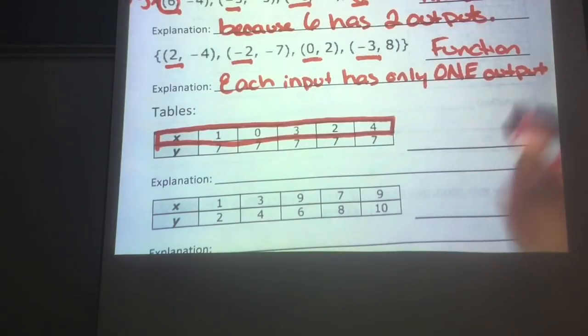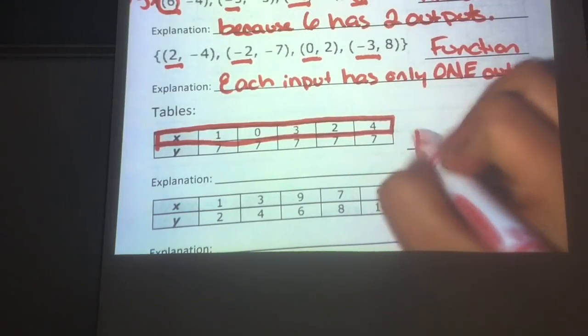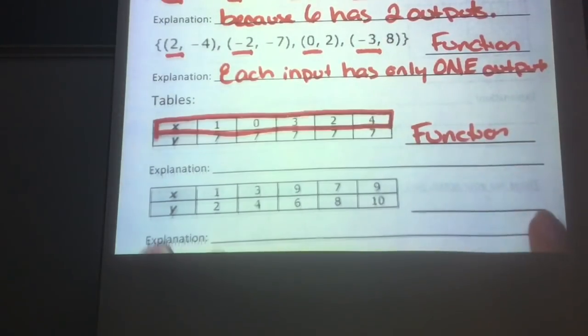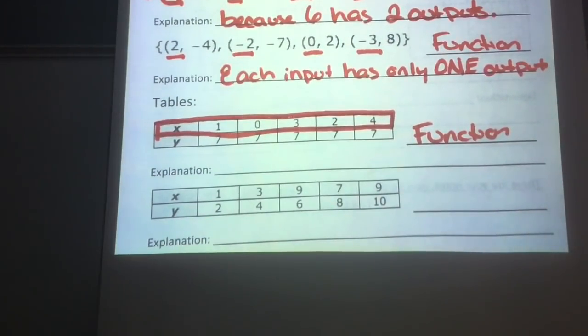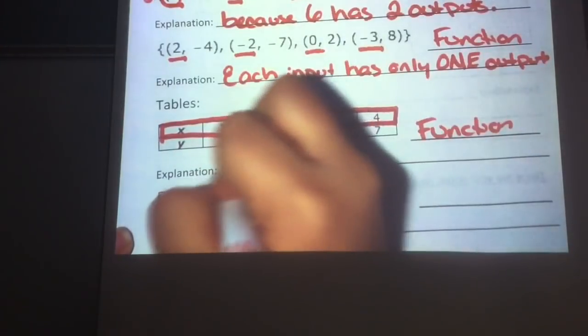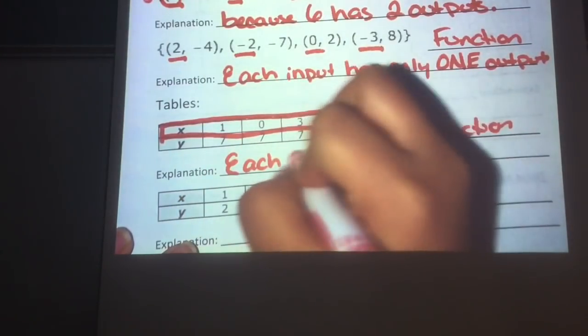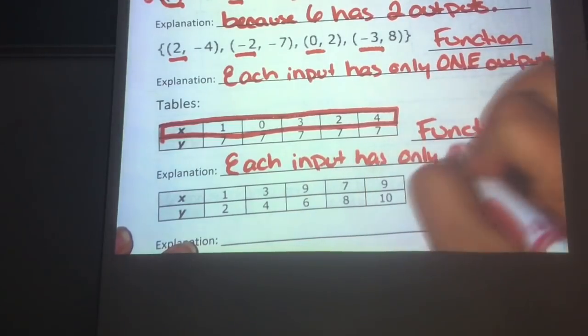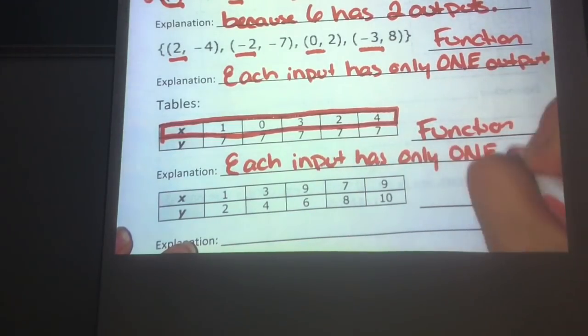This one is a function for the same exact reason that these ordered pairs are a function. Each input has only one output.